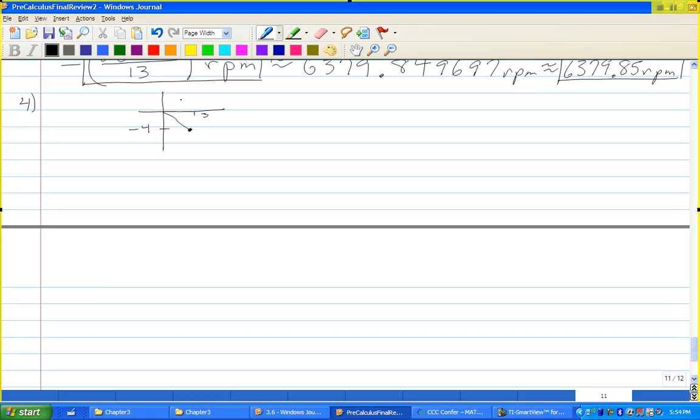Express the, so let's say theta is here. And of course, this is going to be 5 because this is a 3, 4, 5 triangle.